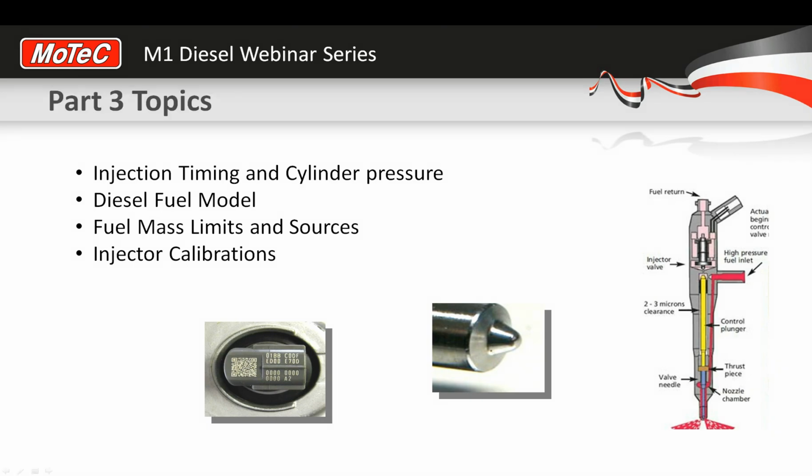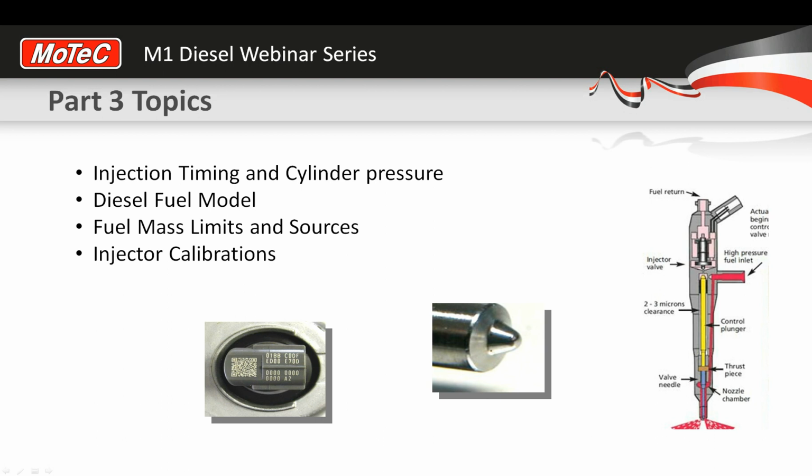We've got a lot of topics to cover today and some big subjects, so we'll get through as quickly as we can, but it's going to take a while. So we're going to talk about injector timing and the relationship to cylinder pressure, the diesel fuel model itself, so all the tables, or the majority of the tables that you fill out to control the amount of fuel and how they relate to one another.